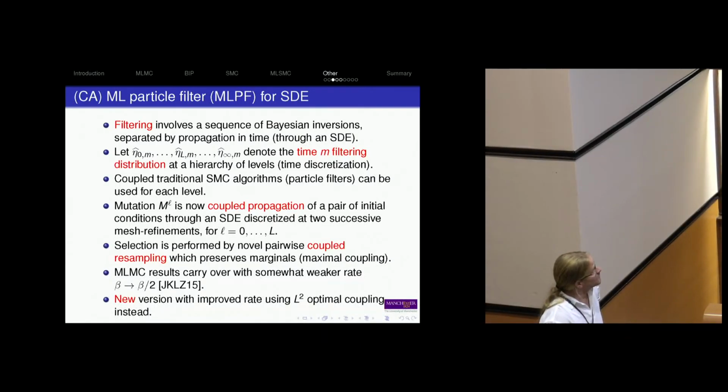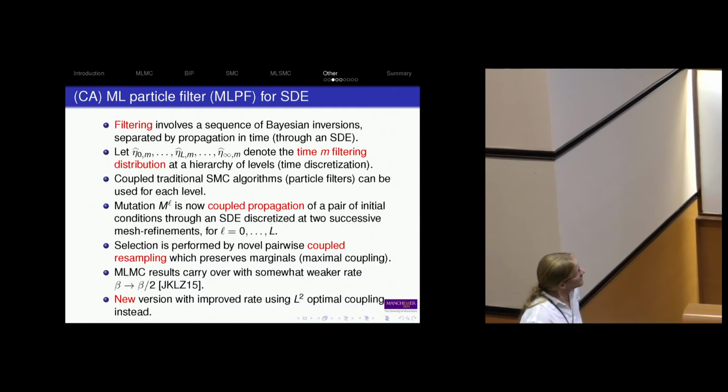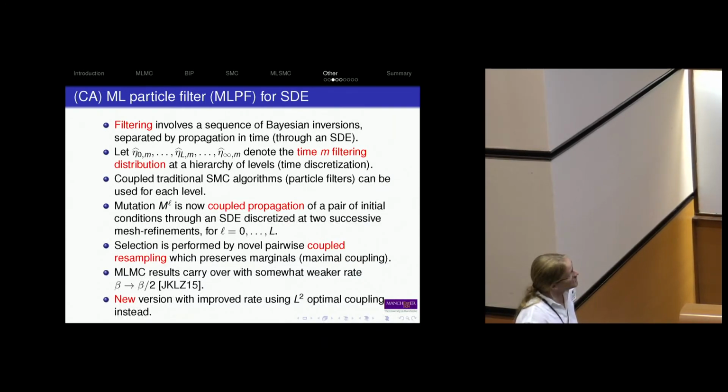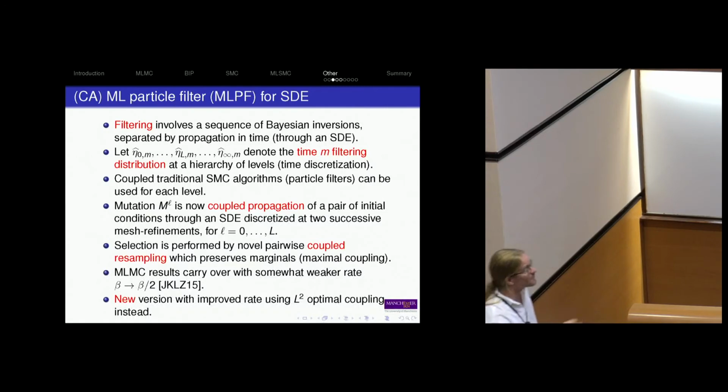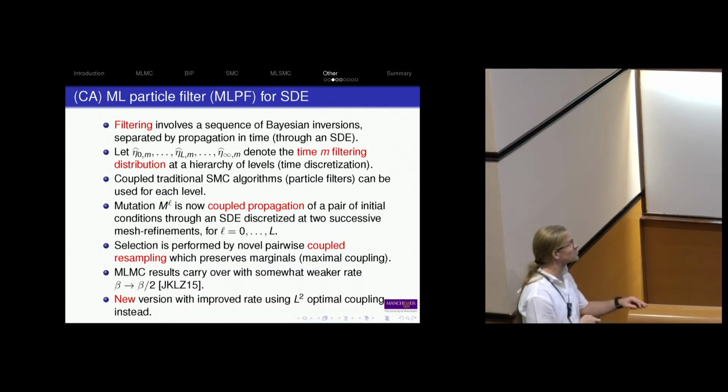That works, but in fact the analysis reveals that at the maximal coupling stage, we do preserve coupling, but we lose the rate a little bit. If we have beta rate of convergence of the approximation of the SDE, in other words for the mutation, then we end up with a beta over 2 rate for the particle filter.